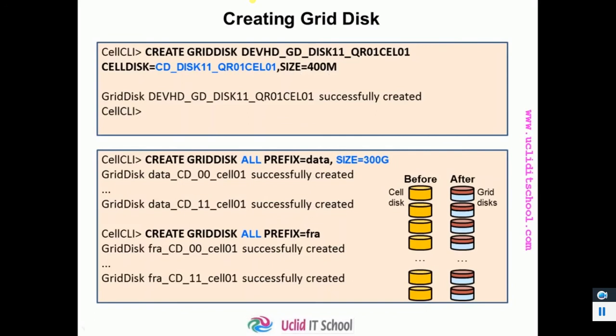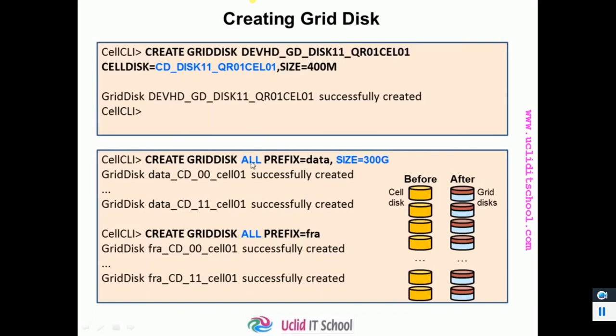If you don't specify the size, all the free space will be used to create the grid disk. So all the free space on the cell disk will be used. The below example shows you some more commands, different ways of using these commands.